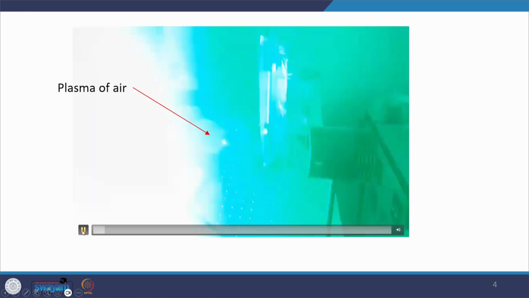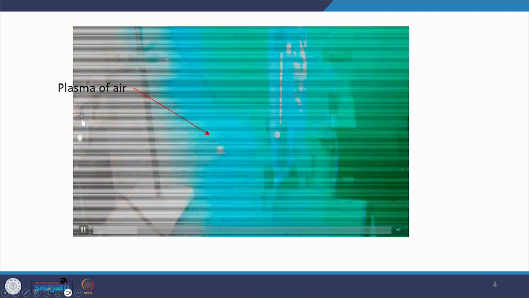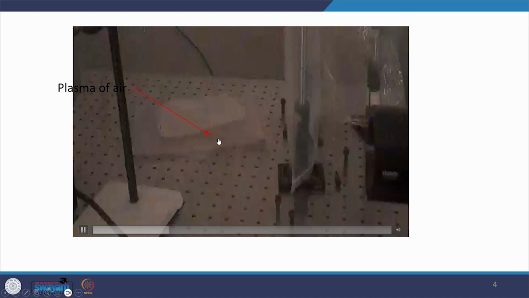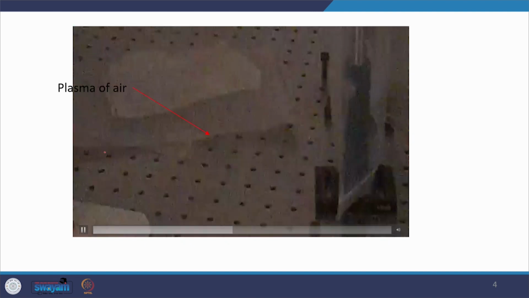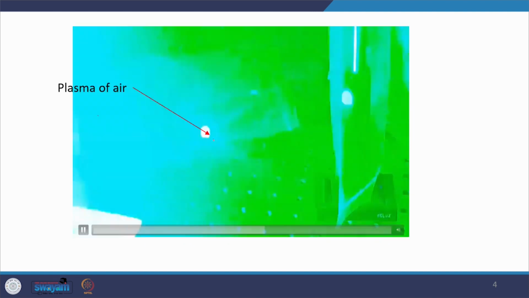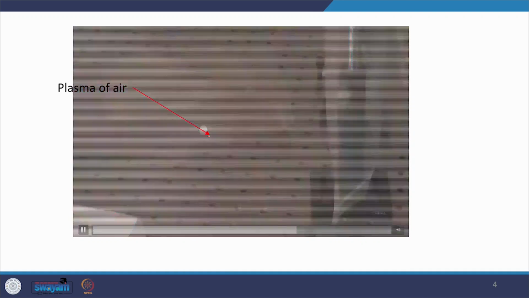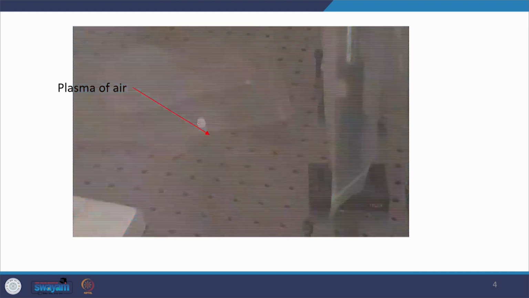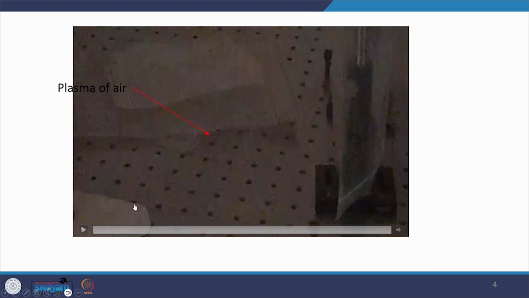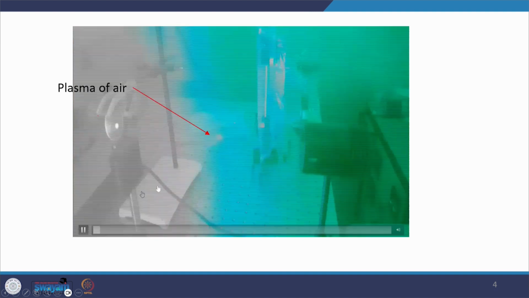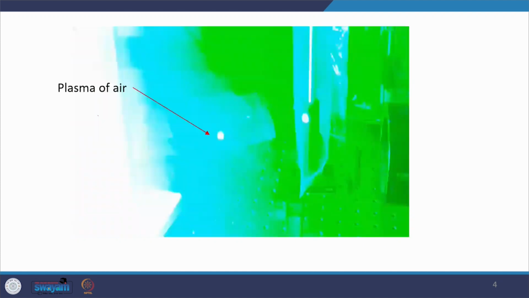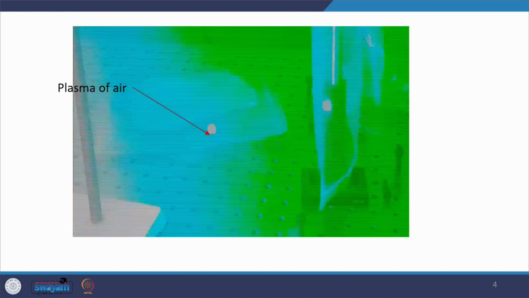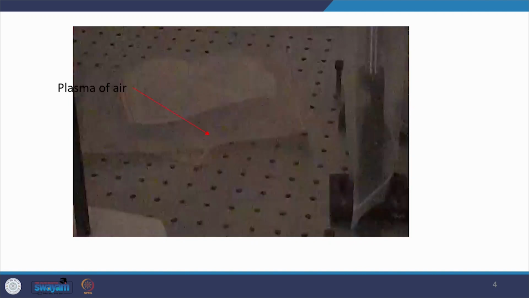Here this is the lens with which the laser beam is focused, and you can see a spot glowing here. That is the plasma of the air. So, this is another video showing that with laser light you can generate plasma of air or even of solids.